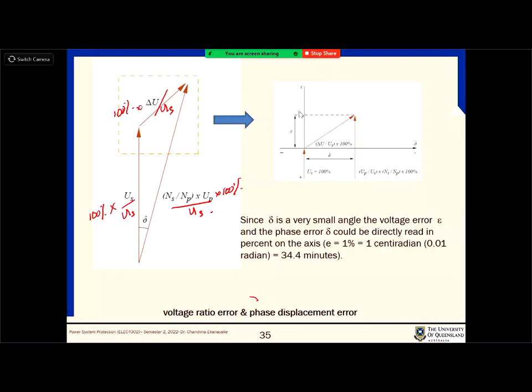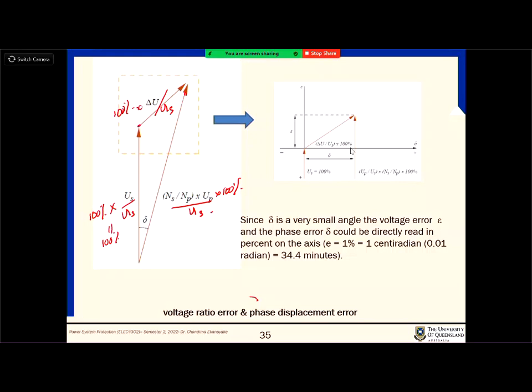Now look at this figure. We know that this distance becomes now 100%. What is this distance then?